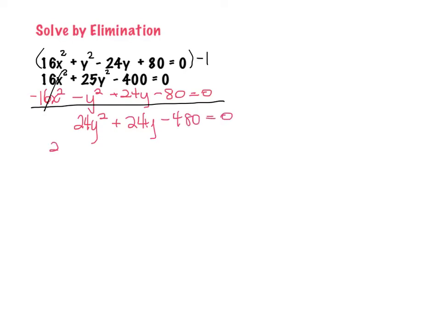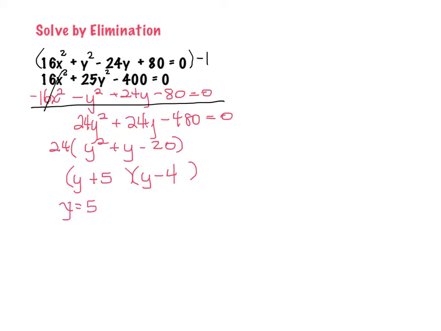I'm going to factor out a 24. And I'm going to factor this quadratic to y plus 5, y minus 4. So my solutions are going to be y equals negative 5, and y equals 4, which means I'm going to have to plug in negative 5 first, and positive 4 second.